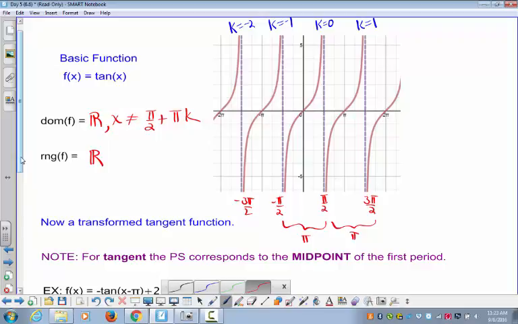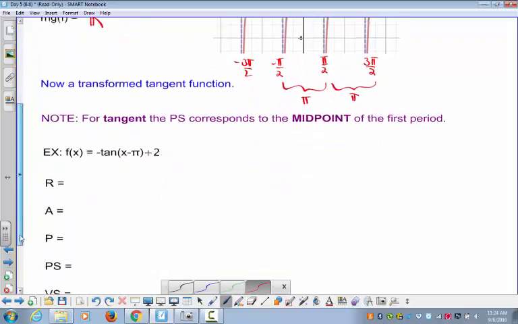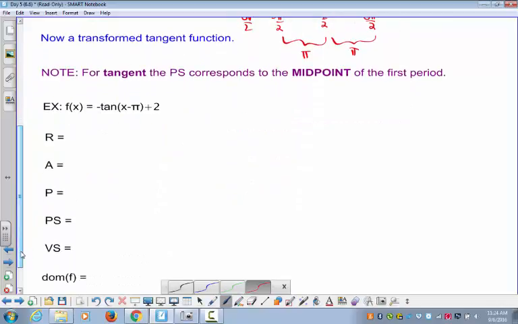Tangent has its first period around the y-axis. The y-axis is in the middle of the first period. It's not the left endpoint of the first period. So that's going to come into play in a moment, that difference. So note for tangent, the phase shift corresponds to the midpoint of the first period.